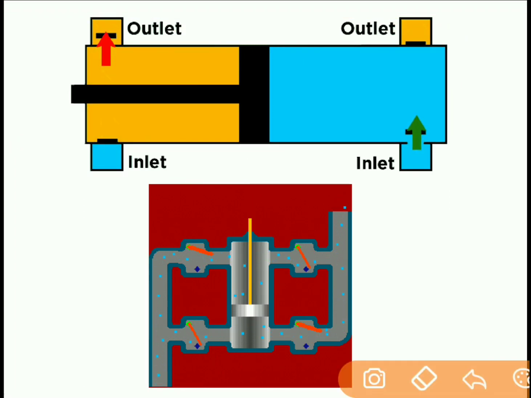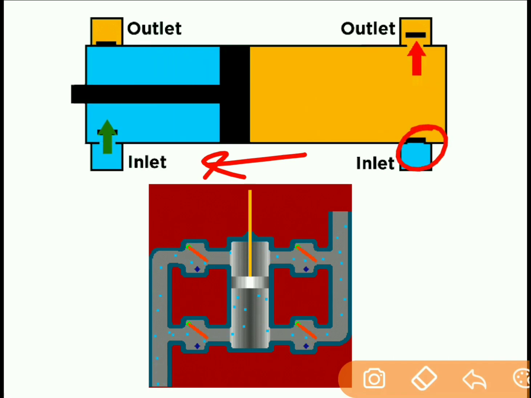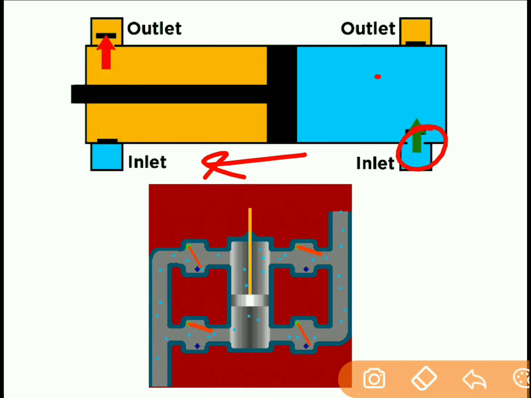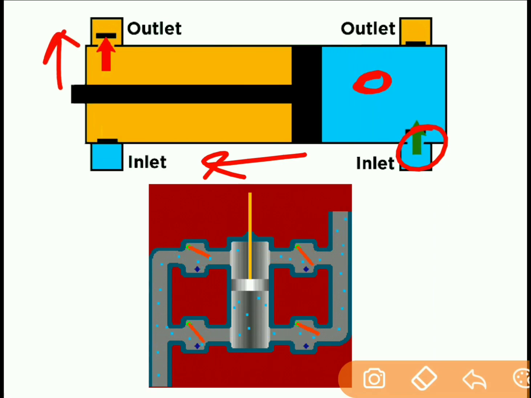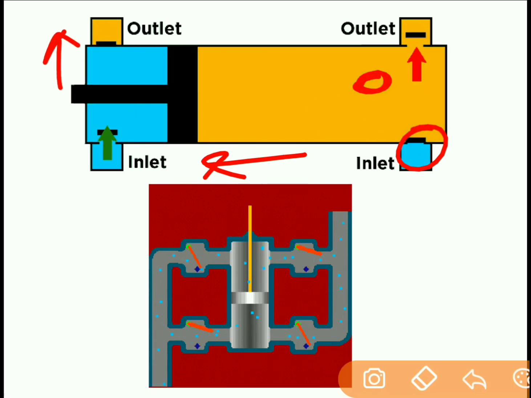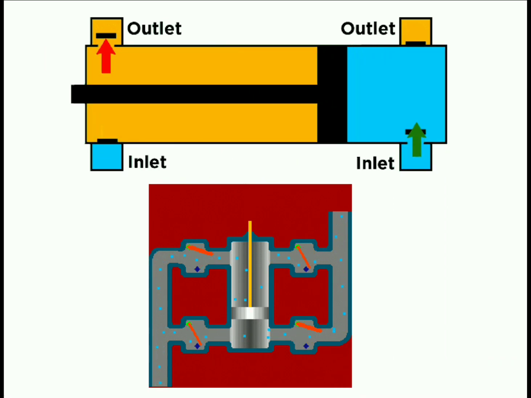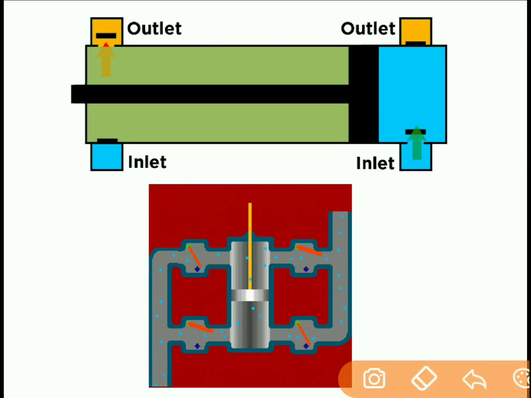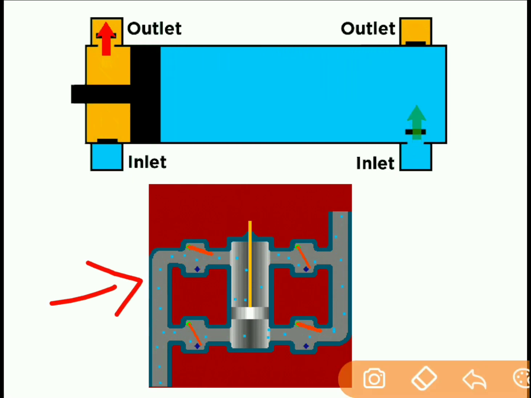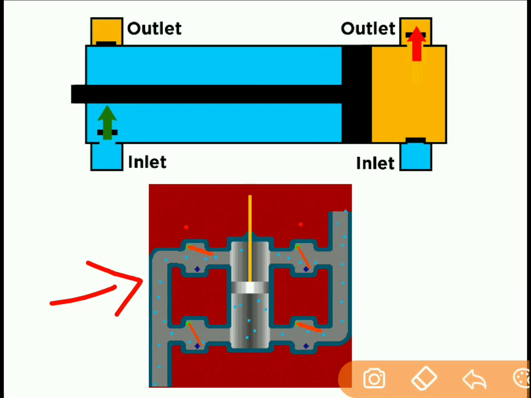And when the piston moves towards the left side, this inlet valve will get open, so liquid will get filled inside this cylinder and the discharge will take place through this outlet pipe. So in both strokes, that is the forward and the reverse stroke, liquid will get transferred to the delivery pipe.